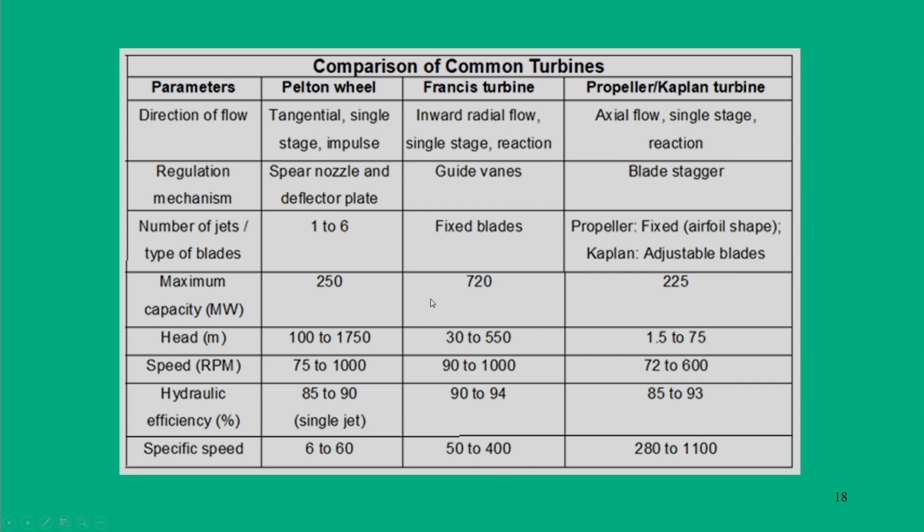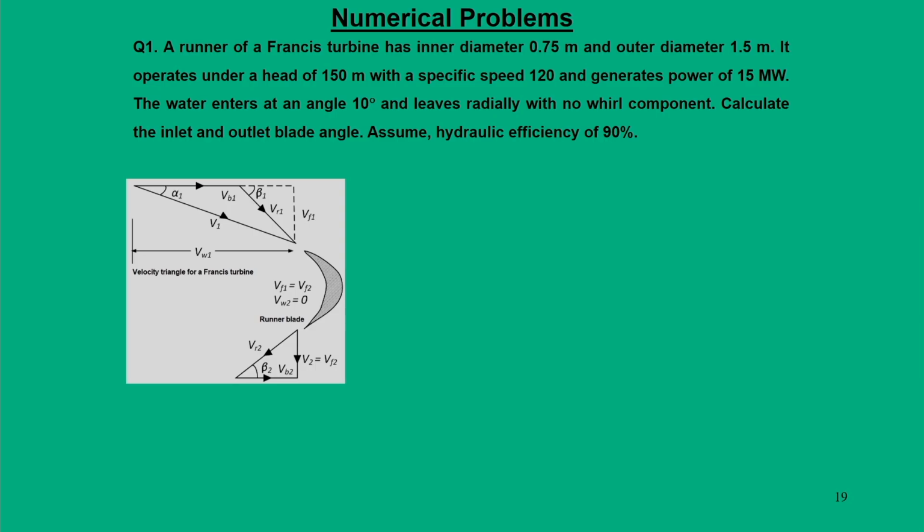This is the summary sheet of all types of hydraulic turbines, their respective efficiency, specific speed, power generation capability, head and RPM. With this we complete the hydraulic component of hydroelectric power systems.